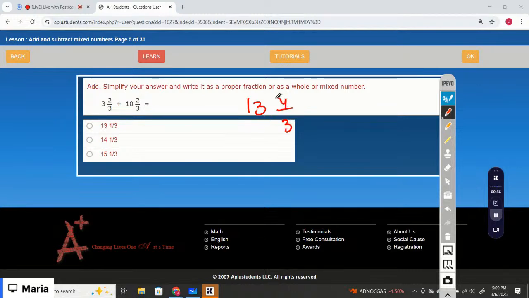That is 13 whole 4 by 3. Numerator is greater than denominator. So you can rewrite this as 13, 3 over 3 plus 1 over 3, right? 3 plus 1 makes 4. This 3 by 3, you can write it as 1. So 14 whole 1 over 3.